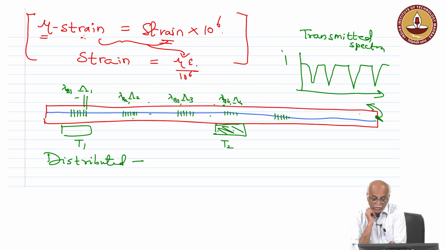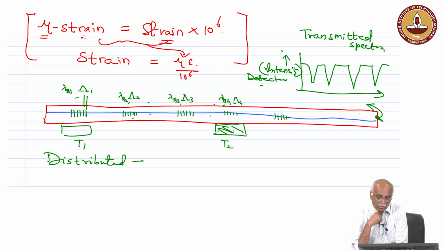This is nothing but maybe intensity, the output from the detector, maybe in millivolt or volt, and this is the wavelength axis.